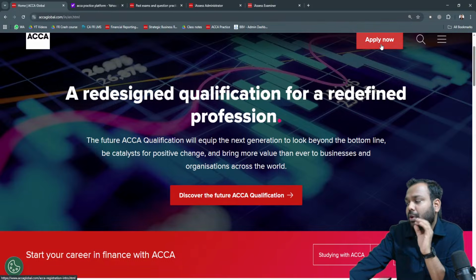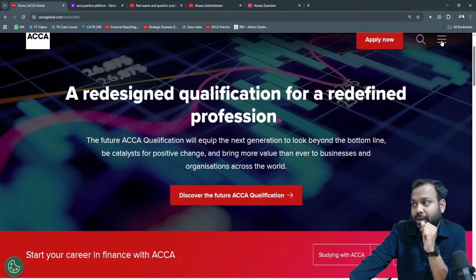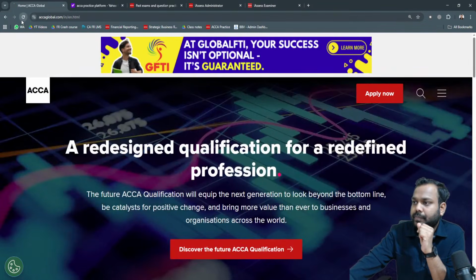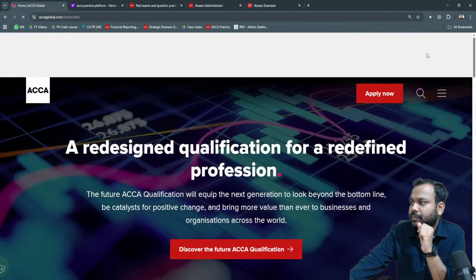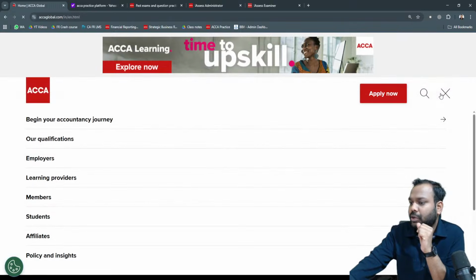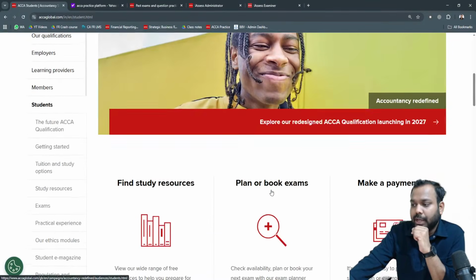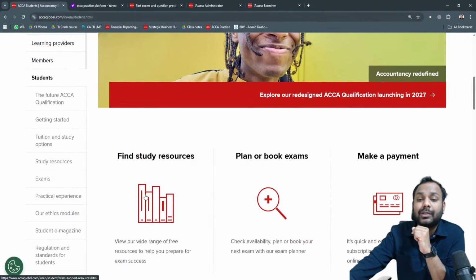Okay, now what you have to do is, you can see 3 dots. Click on them and you will see the student section. Click on students, scroll down, and you will find ACCA study resources.